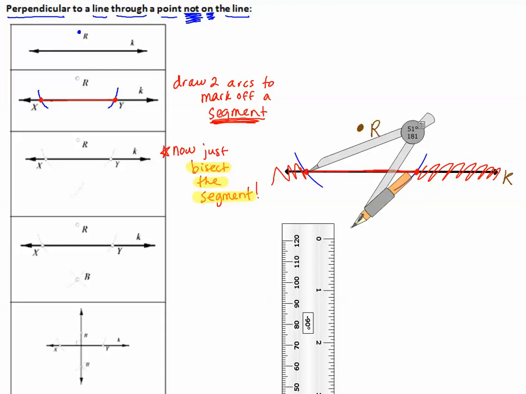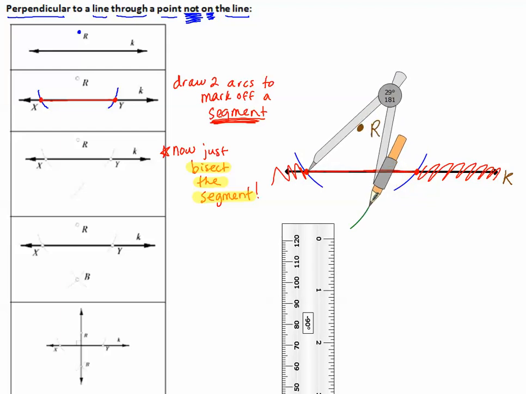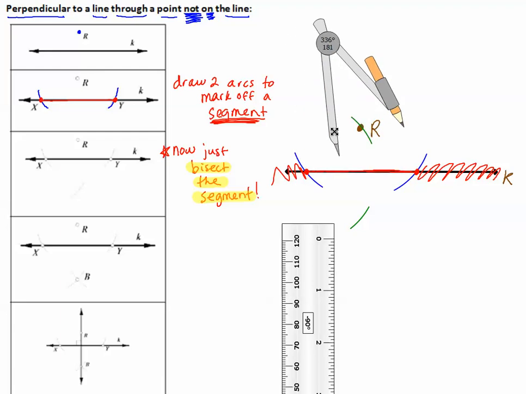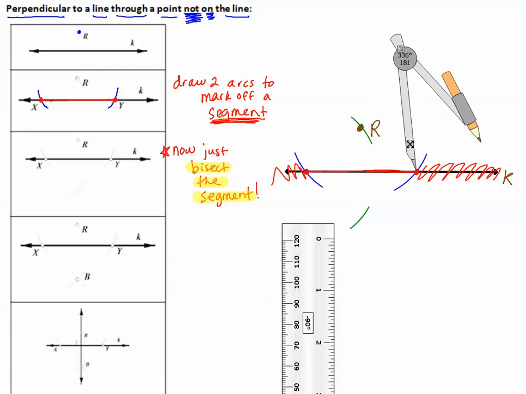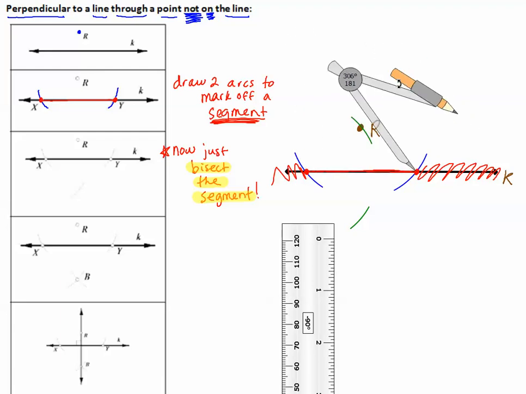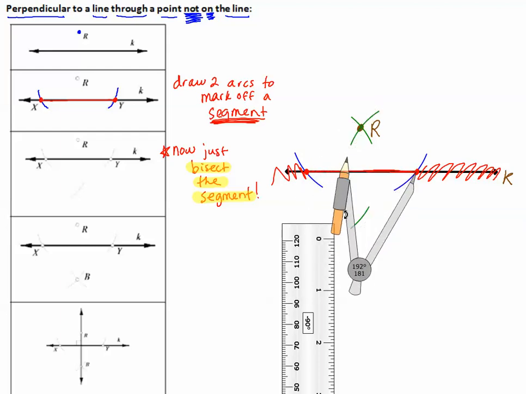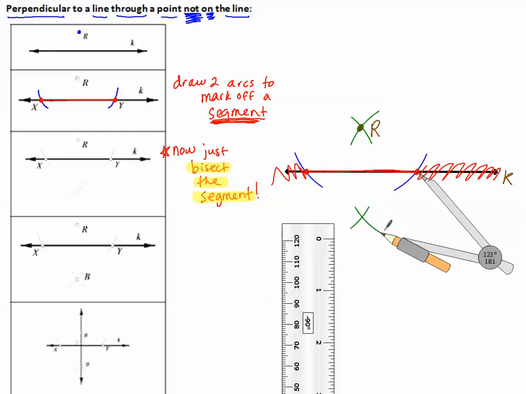Take my compass, draw a little arc from one end point of the segment, from one side of the segment. Now, I actually don't need to draw it over the segment this time because my point is there. But I'm going to do it just to refresh our memory from how we did it before. Just to review the steps, little arc over and a little arc under.